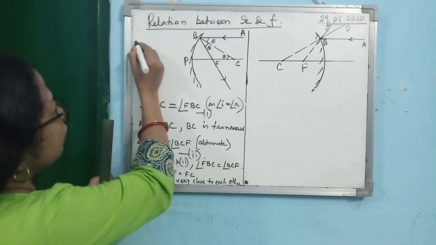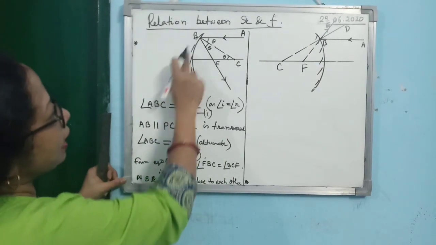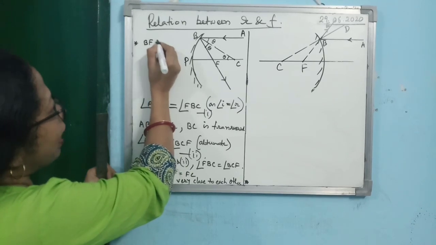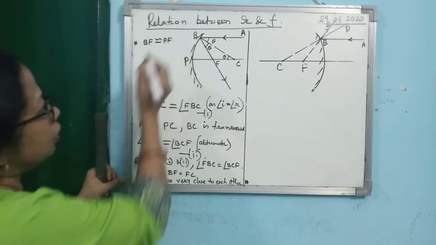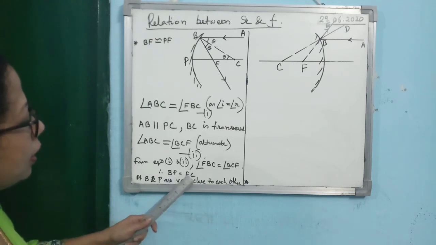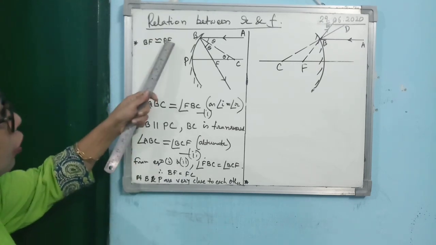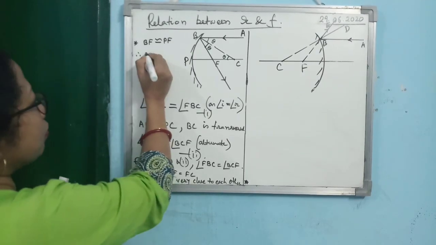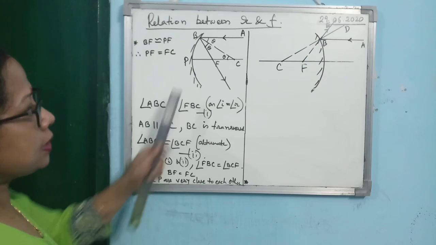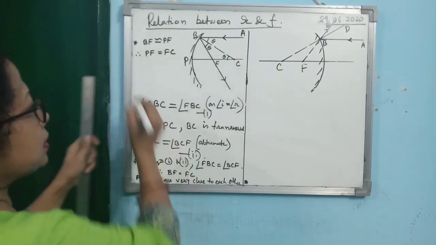If B and P are very close to each other, it means BF is approximately equal to PF. So you see, BF equals FC, and again BF equals PF. So what one can write? PF equals FC.